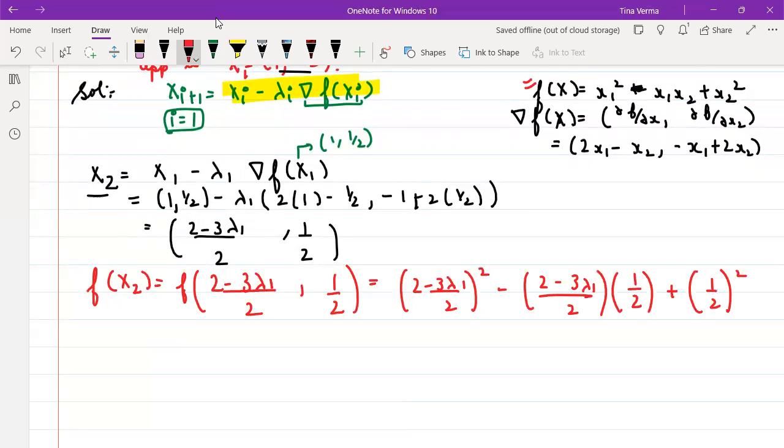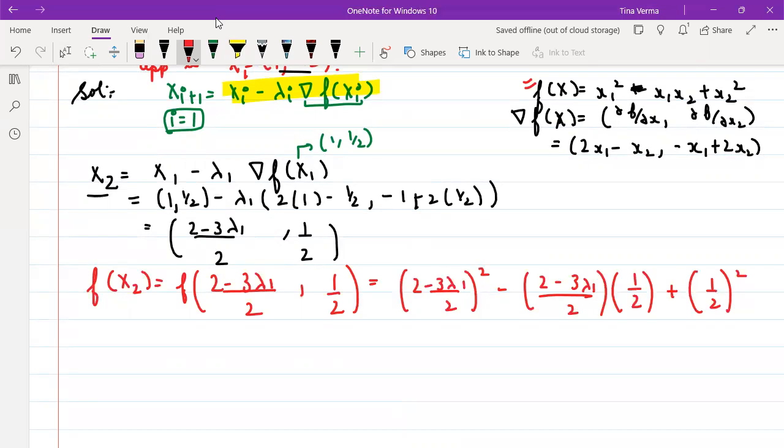Fine. So when you have any function, you want to find the stationary point where your function should be maximum or minimum. What is the necessary and sufficient condition that you do in your calculus part? Whenever you have any function, what is the necessary and sufficient condition to find the stationary point?